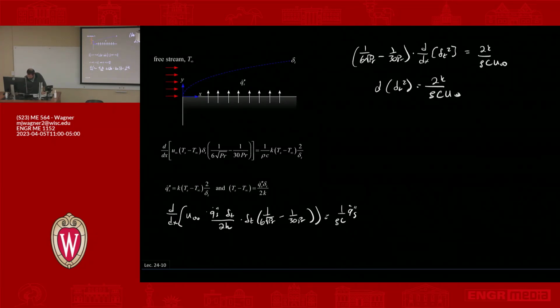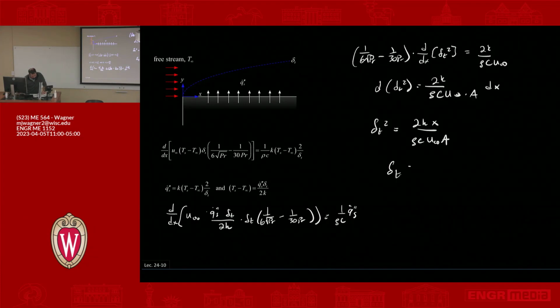I bring a back into this because it makes it easier, times dx. Okay, then integrating that becomes delta T squared equals 2kx over rho c u infinity times a.